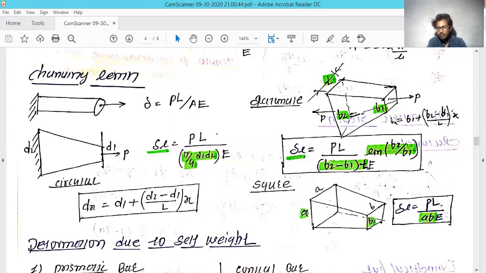Now we move to the rectangular object, which also has a taper cross section as we saw for the circular cross section, but this object is rectangular. It has a width denoted by t, the width at the bigger section is denoted by b2, and the smaller section's width is denoted by b1.